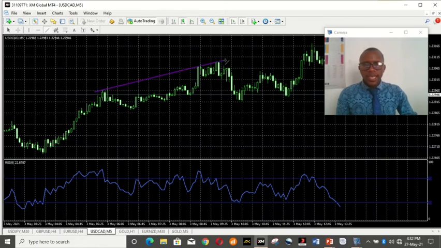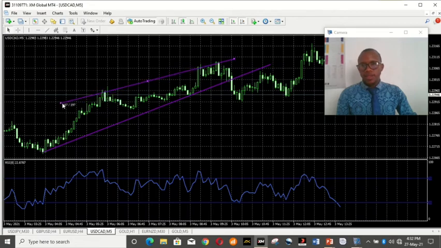We draw the trend lines like this to see if the market or the movement is with or against us. Yes, sometimes yes. You see what I'm talking about?